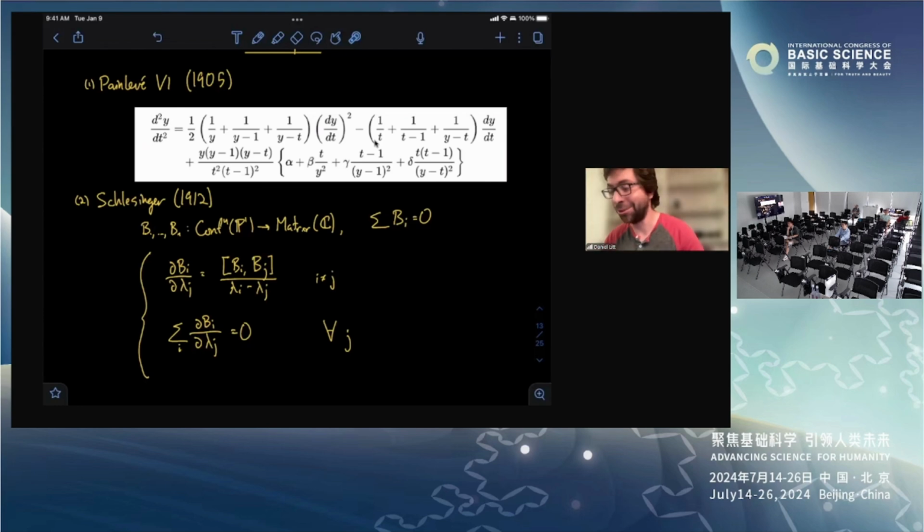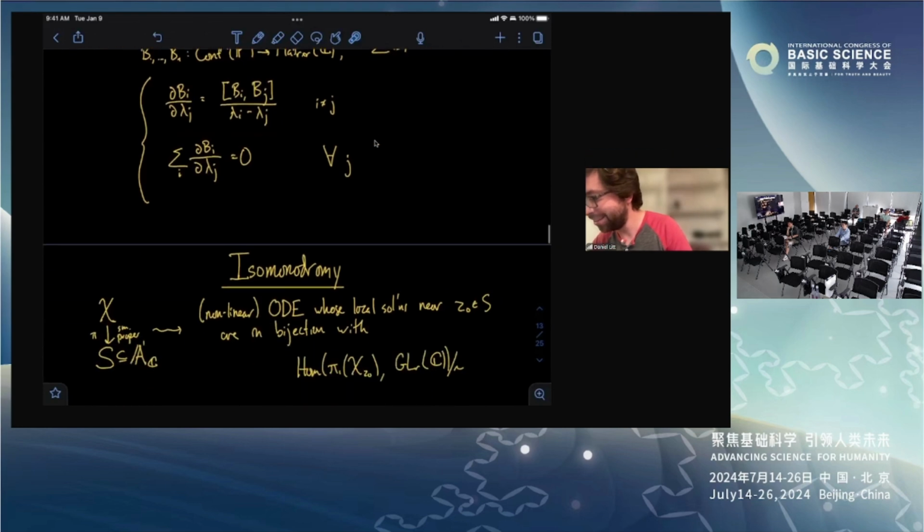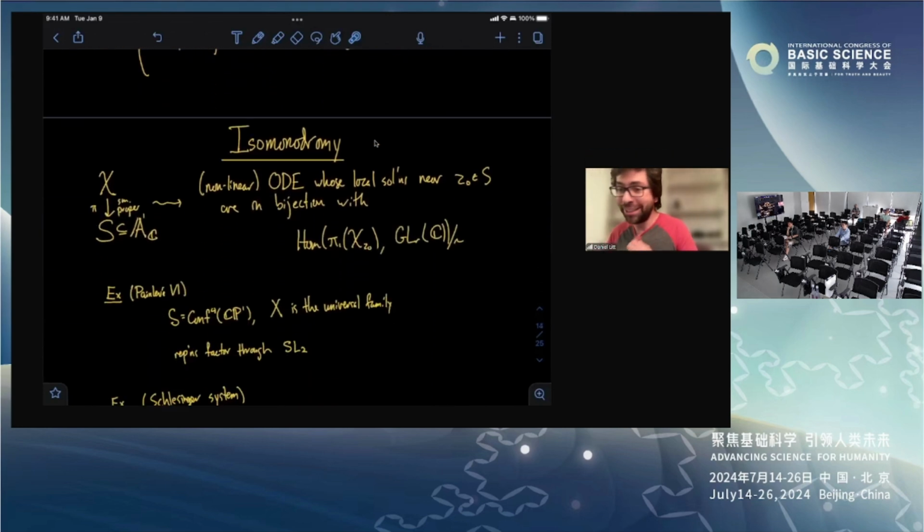Let me tell you what this really means and why you should care about it. What is isomonodromy? Just like before, you start with a smooth proper morphism of algebraic varieties, over C for now. Here again, I've written that S is a subset of A^1, so you get an ordinary differential equation, but I've already given you an example, namely the Schlesinger system where S is general, and everything I'm going to say is true if S is general.